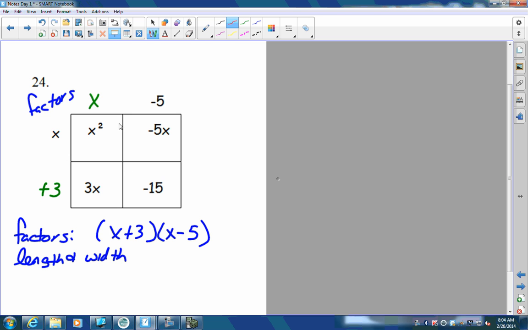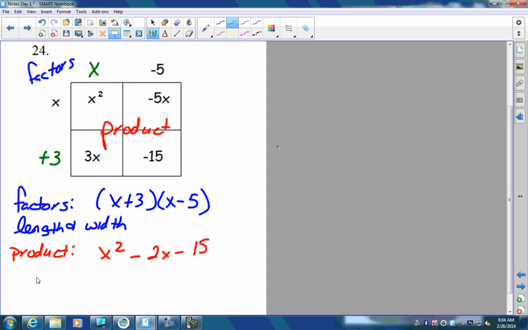What is on the inside is called my product. That's where I got the x squared minus 2x minus 15, like the last unit. That product, we also will call the area, because length times width gives you area. That's just vocabulary.